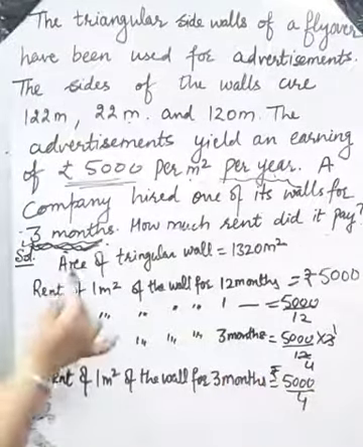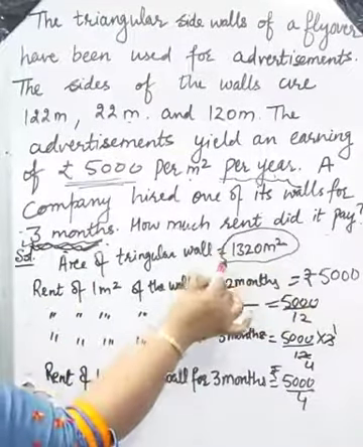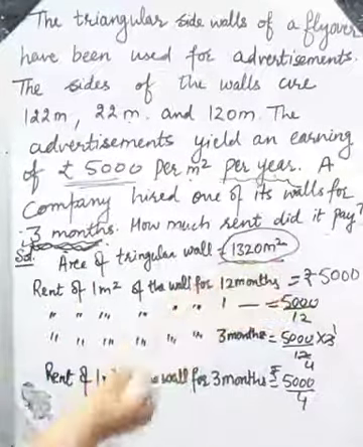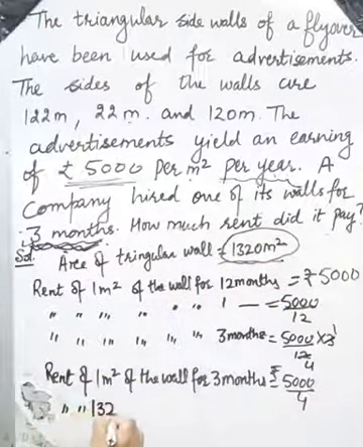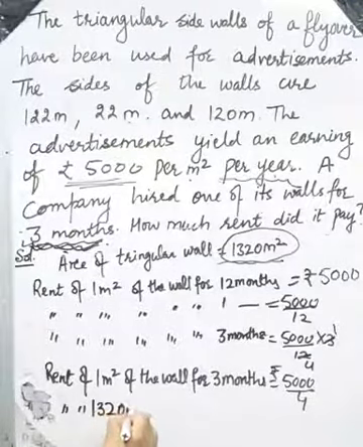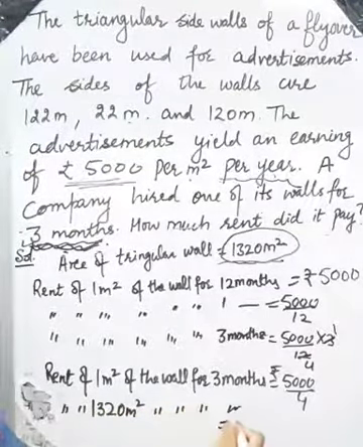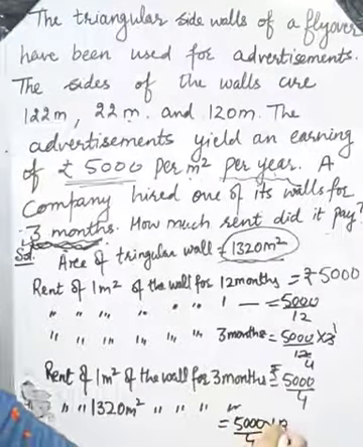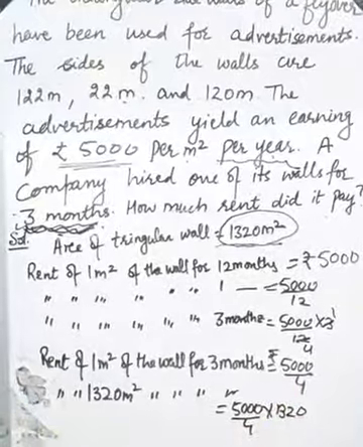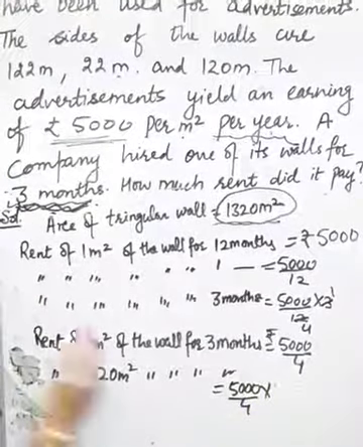Now we have to find the rent of 1320 meters square for 3 months. Now rent of 1320 meters square of the wall for 3 months equal to 5,000 by 4 into 1320. Now convert it to lowest form or simplify it.